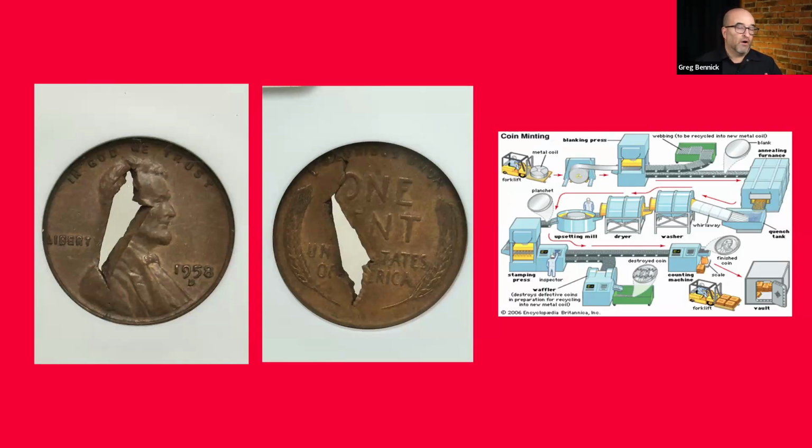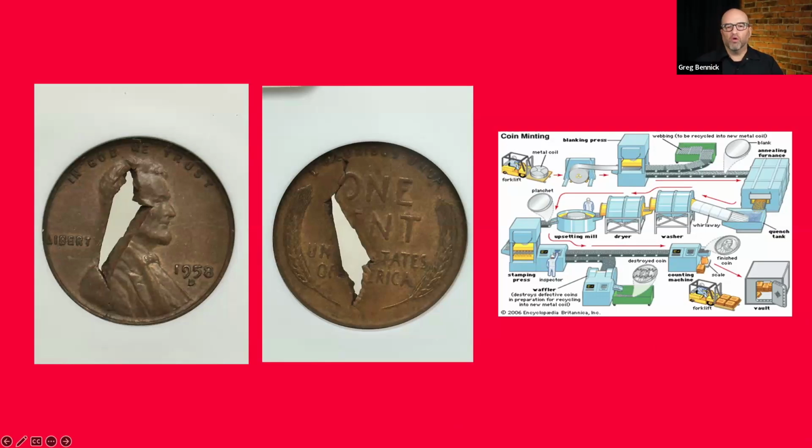It could have been an air bubble. It could have been the metal mixed incorrectly or inefficiently. Whatever it might be, this coin managed to make its way through the entire minting process and was eventually struck as a coin. So this would be an example of a coin with a planchet defect.